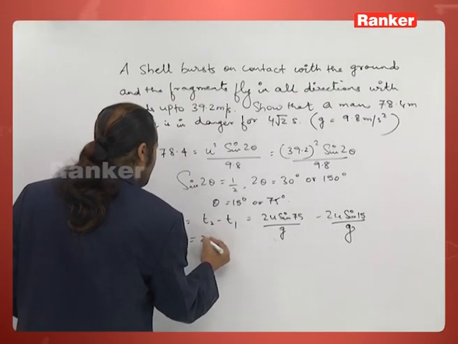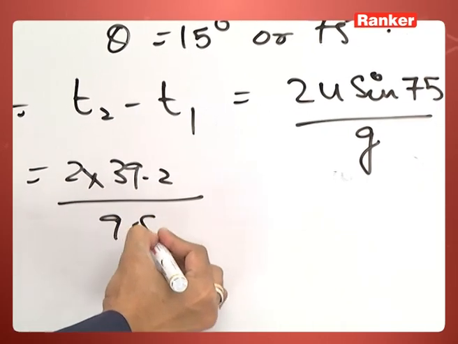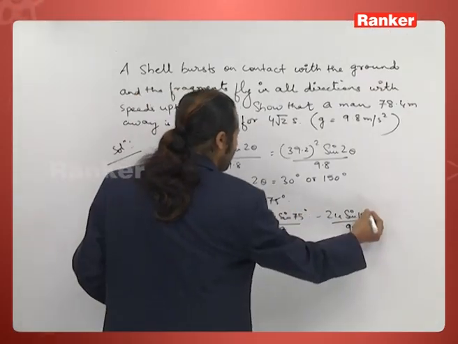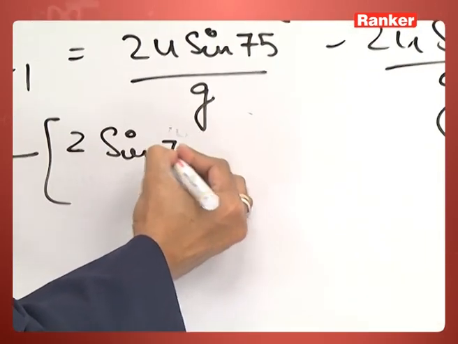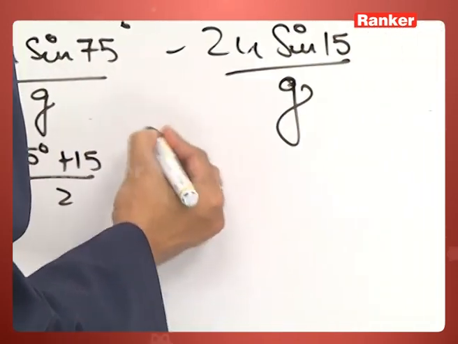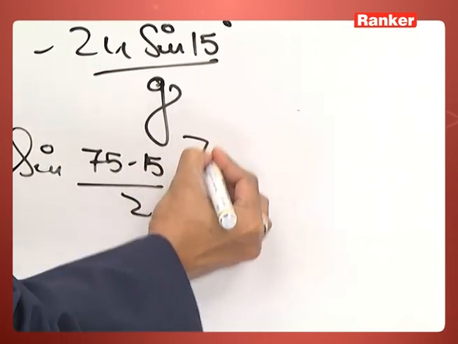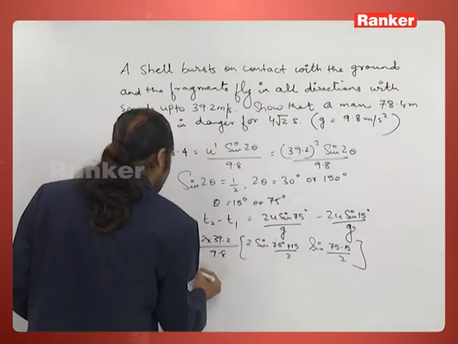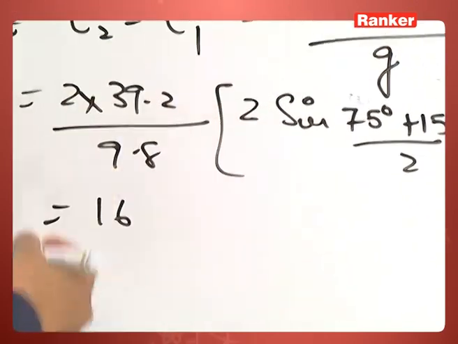So I can write 2 into 39.2 by 9.8 into sine 75 degree minus sine 15 degree. So this is 2 sine of (75 plus 15) by 2 and sine of (75 minus 15) by 2. So this becomes all is 16, this is 4 into 2, 8 into 16.